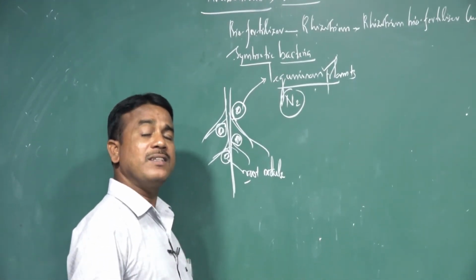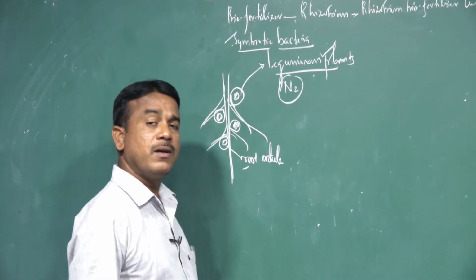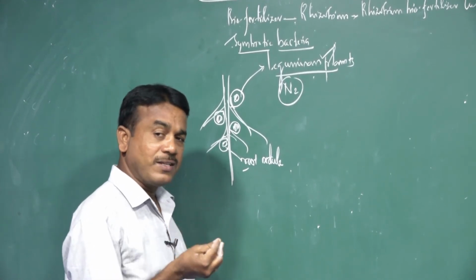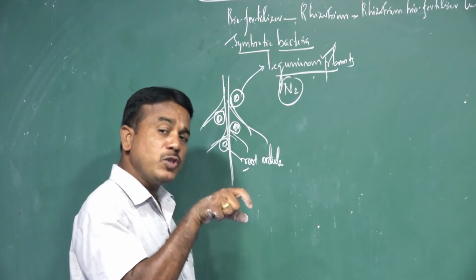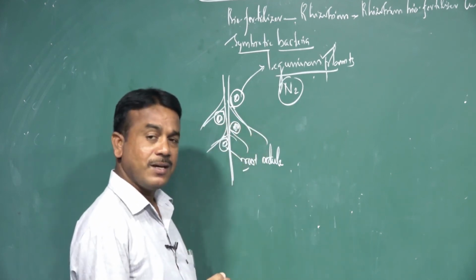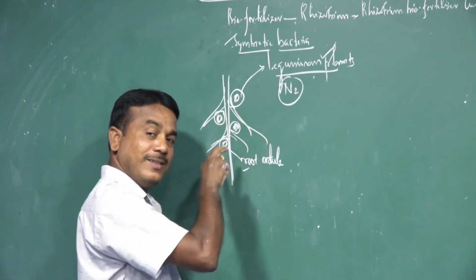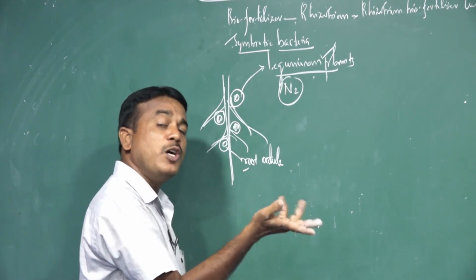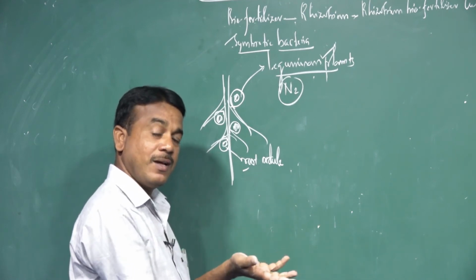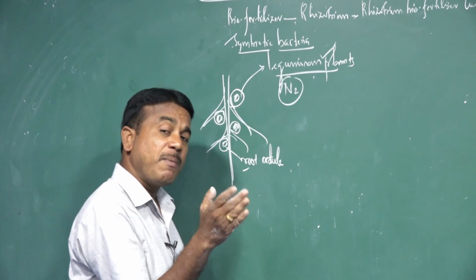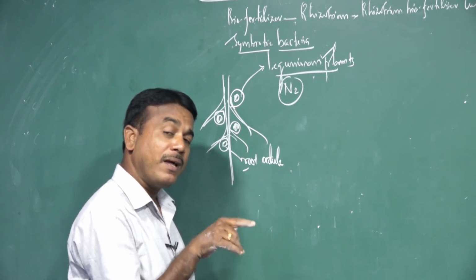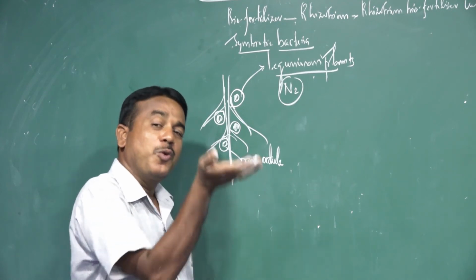Atmospheric nitrogen is generally a non-usable form of nitrogen. The root nodules fix it, converting that non-usable nitrogen into a usable form of nitrogen. When it is converted to a usable form, the plant grows well.